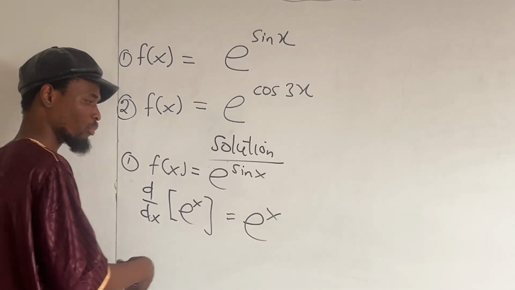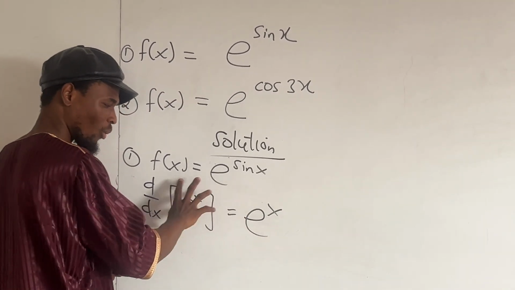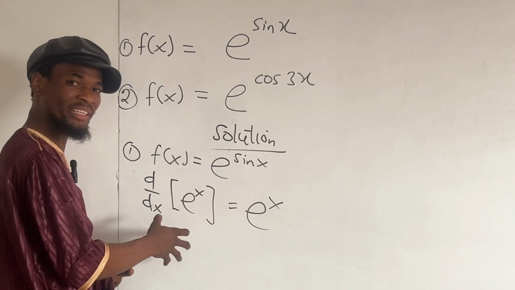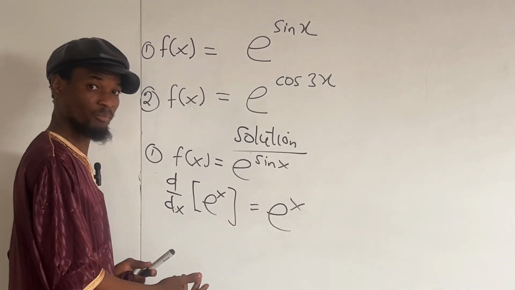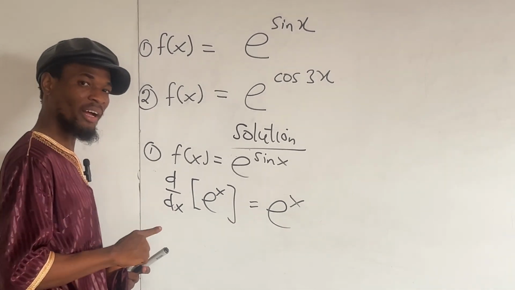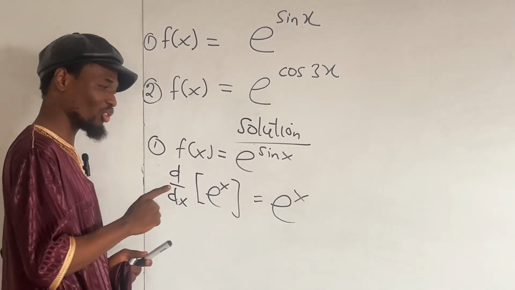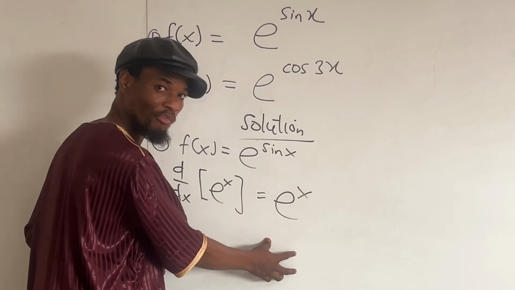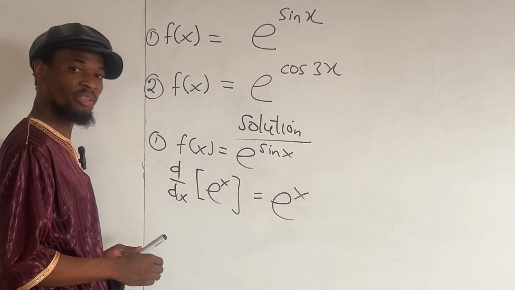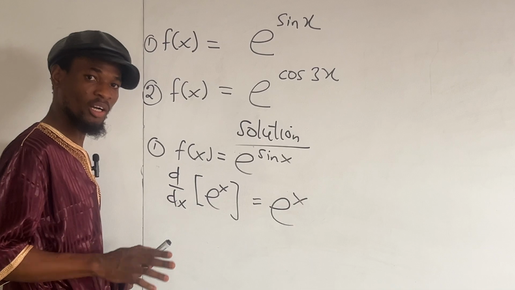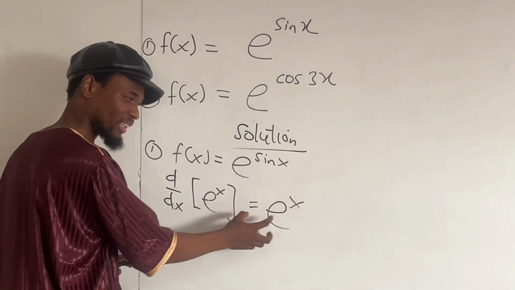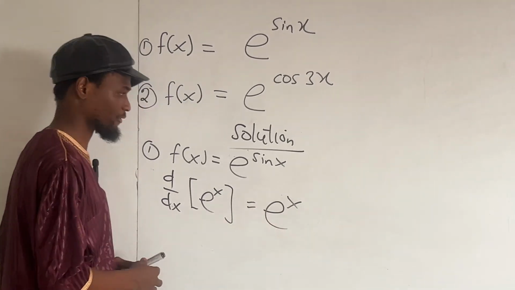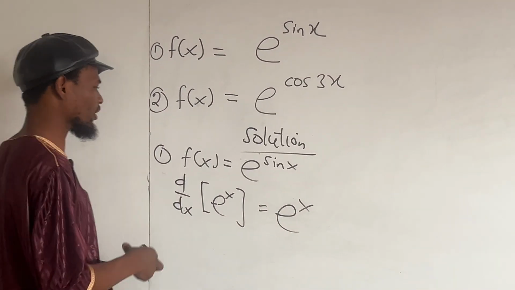And I think we've proven why it is so using Taylor series expansion. So if you are new here, you can visit my previous lecture videos on the proof. In today's session, I want you to know that when you differentiate a function of this nature, you get the same function. So let's tackle the first one.